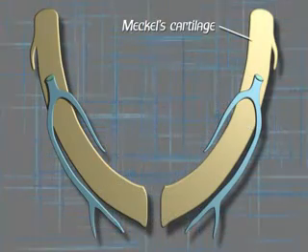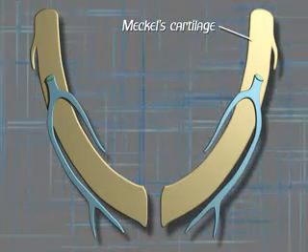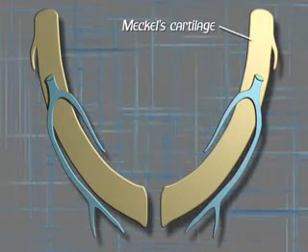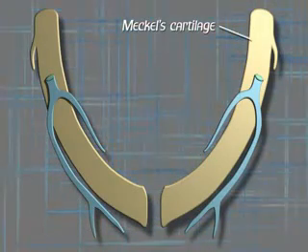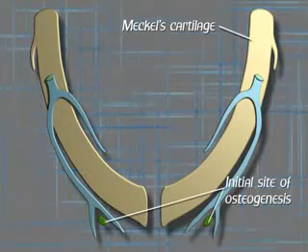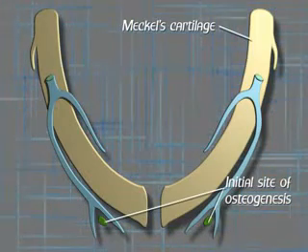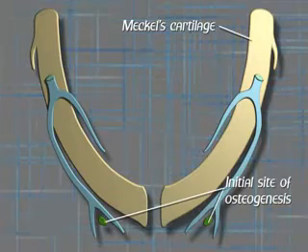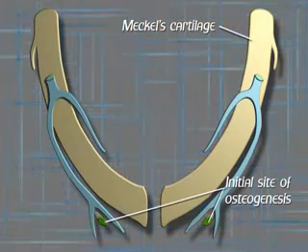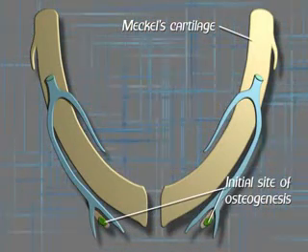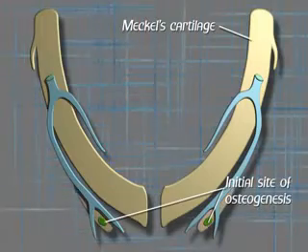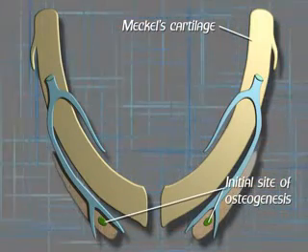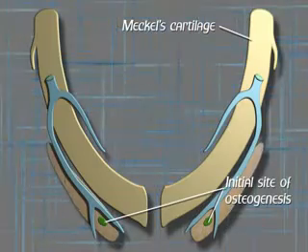During the 6th week of embryonic development, on the lateral aspect of Meckel's cartilage, a condensation of ectomesenchyme occurs in the angle formed by the division of the inferior alveolar and its incisal and mental branches. At 7 weeks, intramembranous ossification begins in this area of condensation, hence forming the first bone of the mandible via intramembranous ossification.